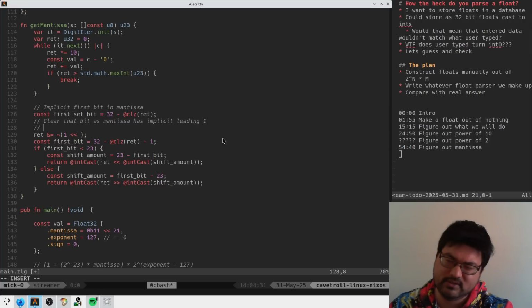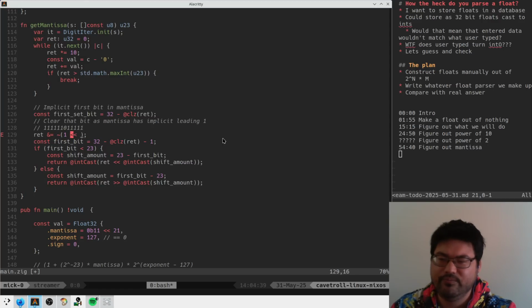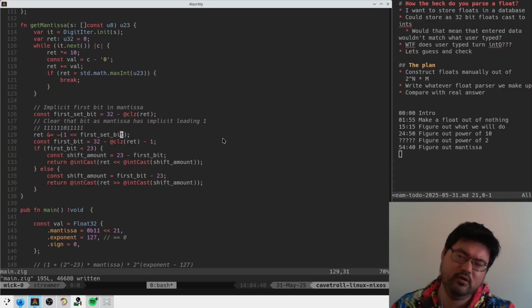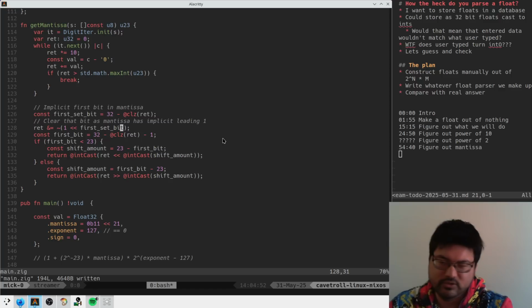This will construct a bunch of 1s with a 0 hole where the bit is that we want to clear, right? And that bit is, I guess, first set bit. I think. We'll see.